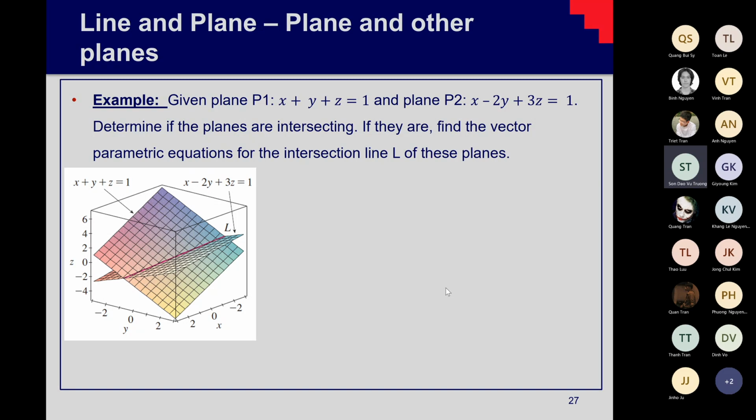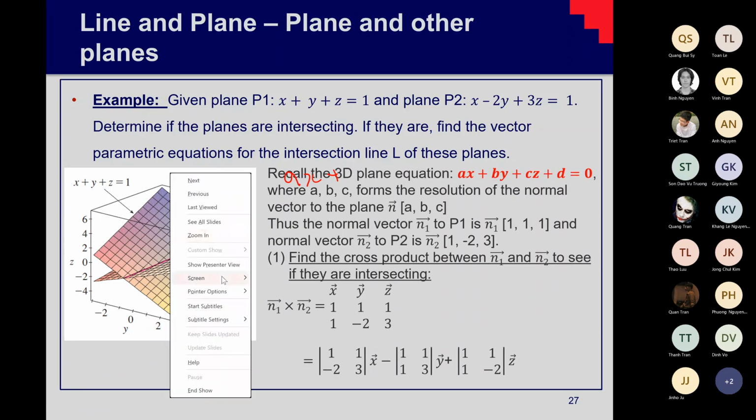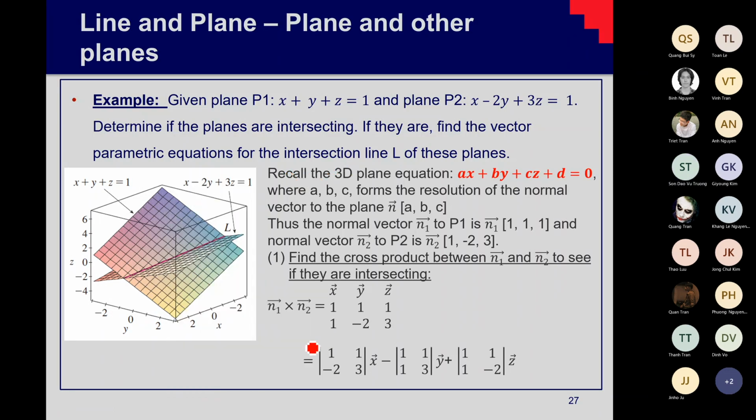Remember the 3D plane equation we already have: AX plus BY plus CZ plus D equals 0. A, B, C are the components of the normal vector.